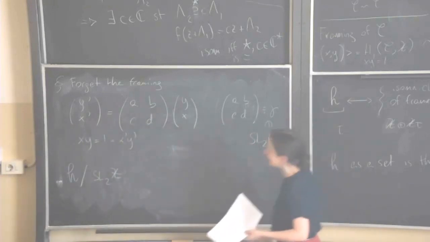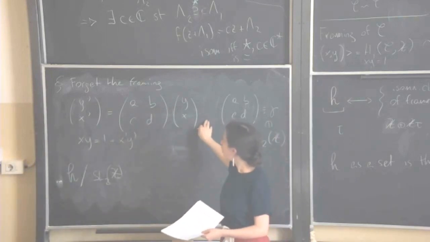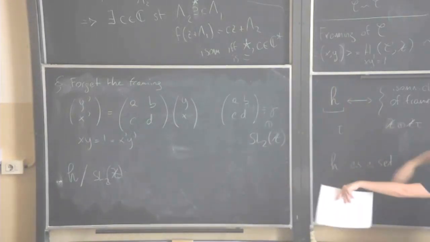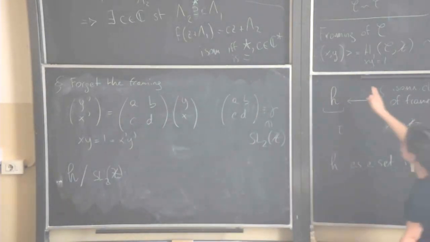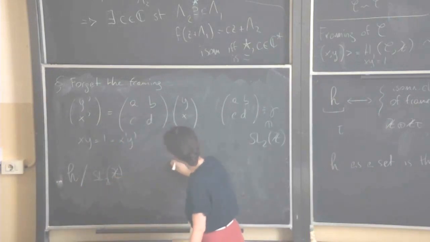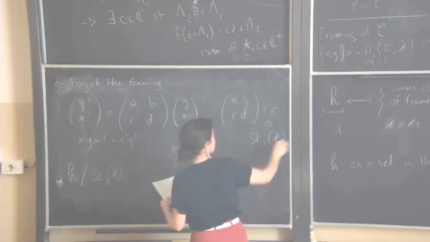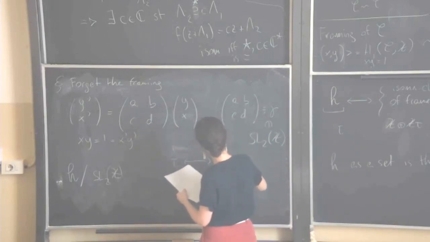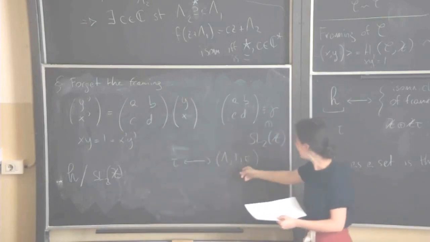But we can do it better, in the sense that here we described an action of SL2Z on the frames. Now we want to transfer this to an action on H. This is quite easy because remember that we had the correspondence between our tau and our lattice, the triangle lattice.